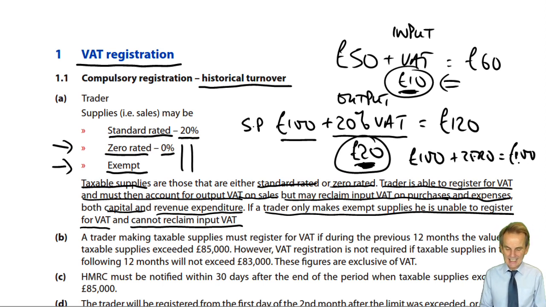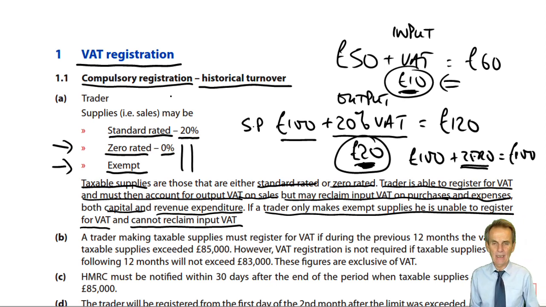Now, if that is a zero-rated supply, it is a taxable supply, a taxable supply on which, because of the zero rating, no output VAT is chargeable. But if we make taxable supplies, then we can register for VAT. We'll be looking later at the level of those supplies that would require us to register for VAT. We have to do that.